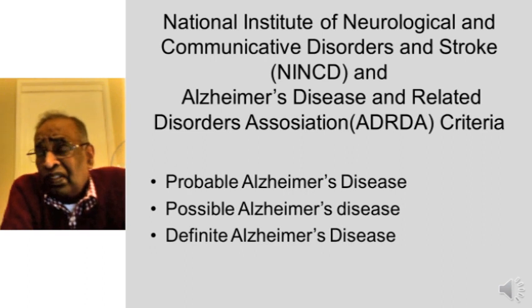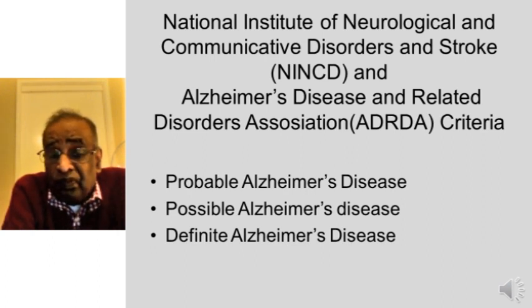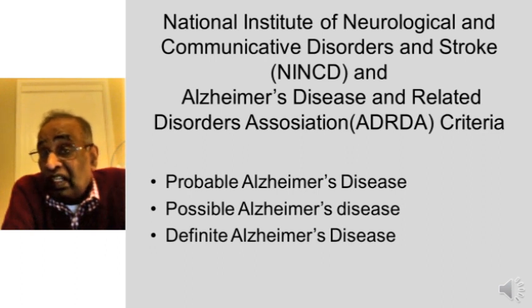There are a number of classificatory systems. NINCDS and ADRDA criteria will be able to make a judgment about probable Alzheimer's, possible Alzheimer's, and definite Alzheimer's disease. Next.